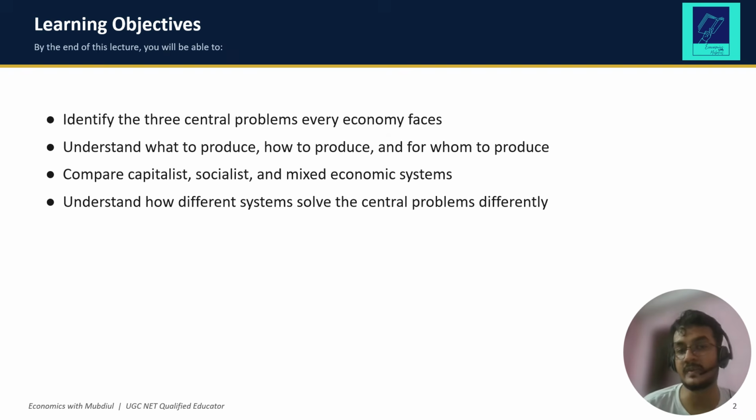Similarly, each economic system has a different way of solving economic problems. Finally, we will understand why India follows a mixed economy. Many students memorize this particular fact, but today you will understand why India adopted this system. Understanding is always better than memorizing.